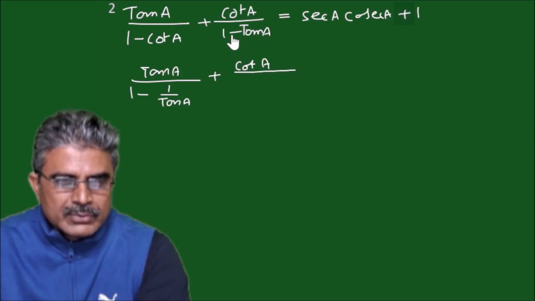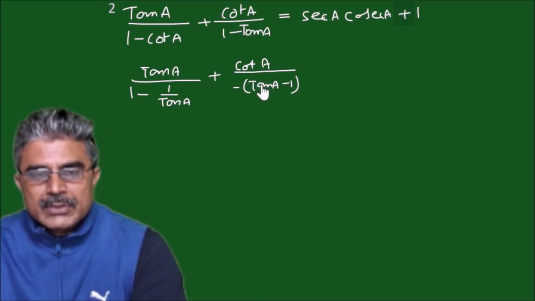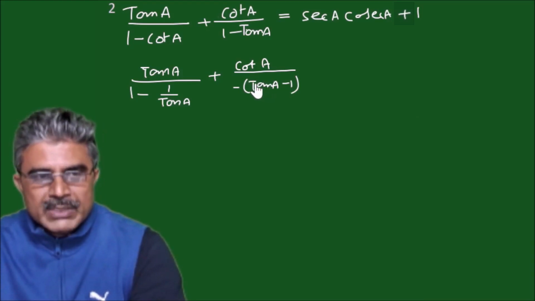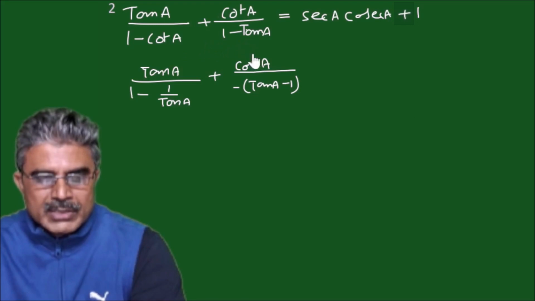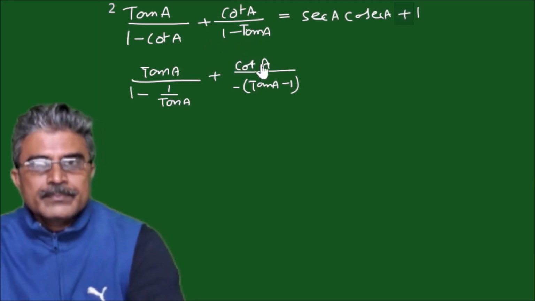So here I want to take minus as common from these expressions so that I will have minus of tan A minus 1. My main intention is to bring the common denominator so that my further calculation will become easy.